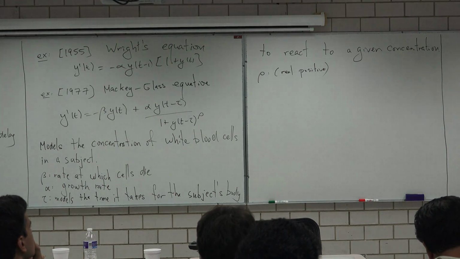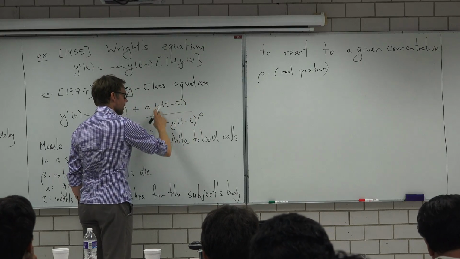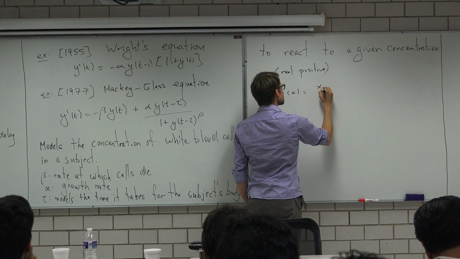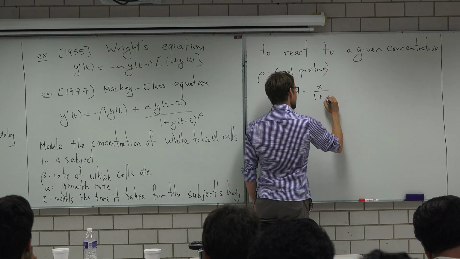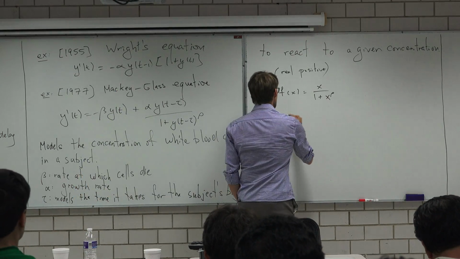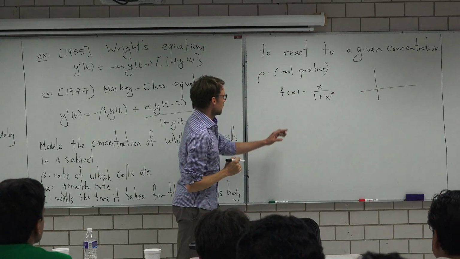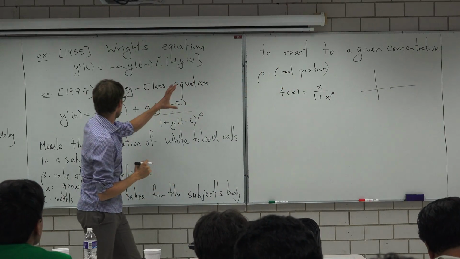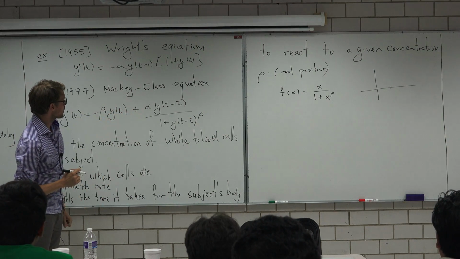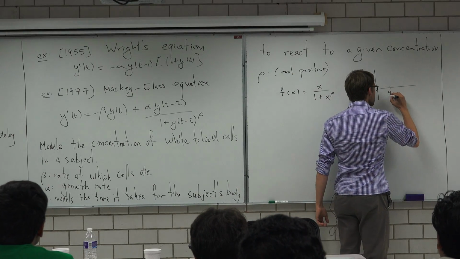So if you think of that function here as a function of, say, f of x equals x divided by 1 plus x to the power rho, when rho is quite large, then what do we have? We have that there is a critical point for that equation here. So for instance, when alpha equals 2 beta, then y equals 1 is a steady state. So that's what we call a critical concentration.